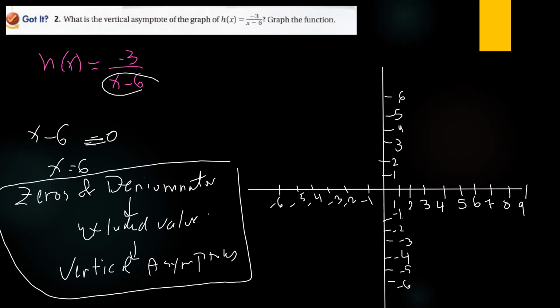So here at x equals 6, we have our asymptote. Let's draw a dashed line here. This is for x equals 6. So what does it mean? It means my curve will be here and here, or it could be here and here.